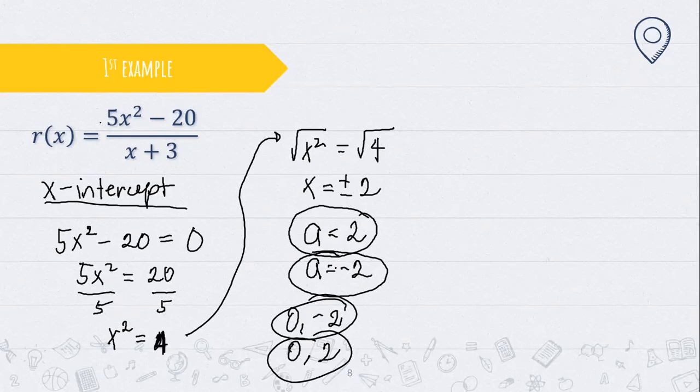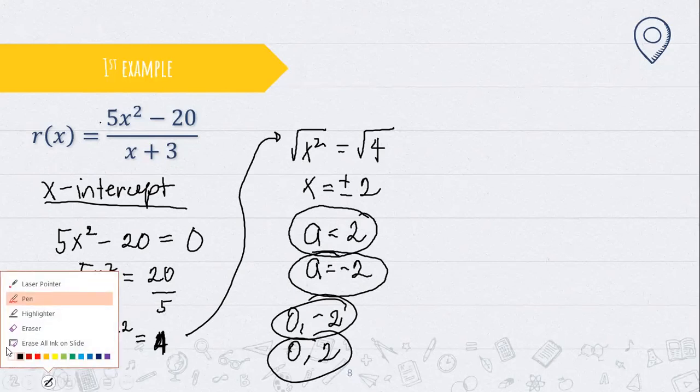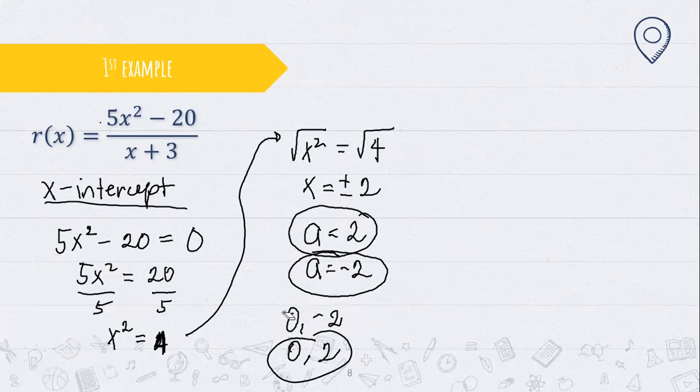Ayan. So, may question po? Tama ba? Baliktad pala. Tama nga yung kanina. 0, 2 nga, di ba? Kasi 0 ang x. Kung 0 yung x, doon siya tatama sa 2. Mali nga. Tama yung kanina. Sorry.